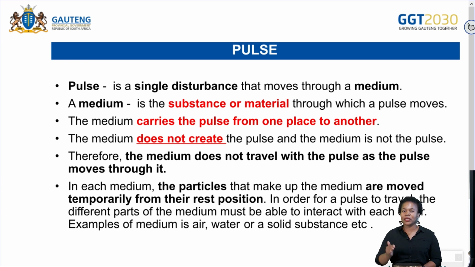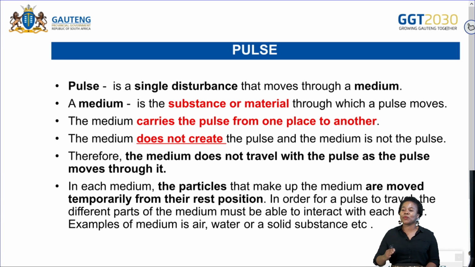From one point to another, using what? Using a pulse. Okay, so the medium does not create the pulse, and the medium is not the pulse, but you are just creating a single disturbance in that medium. Therefore, we say the medium does not travel with the pulse as the pulse moves through it.